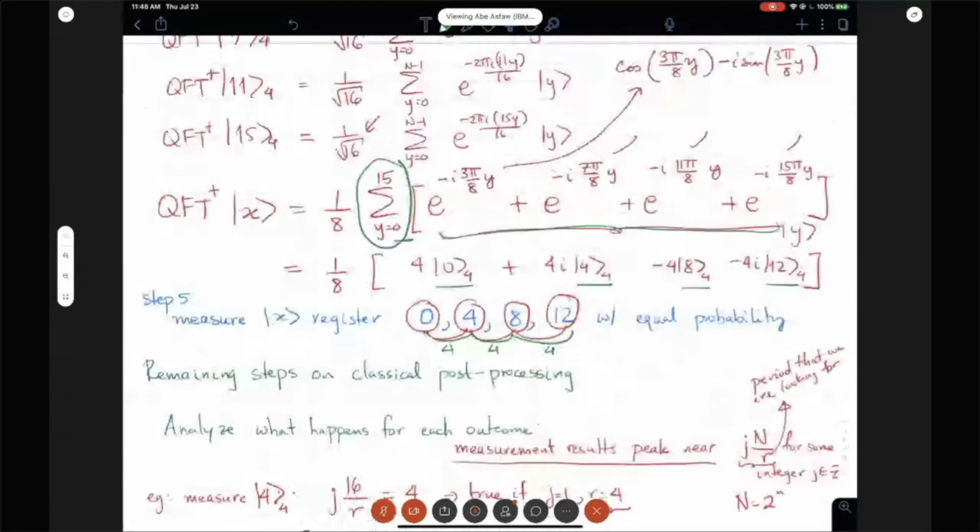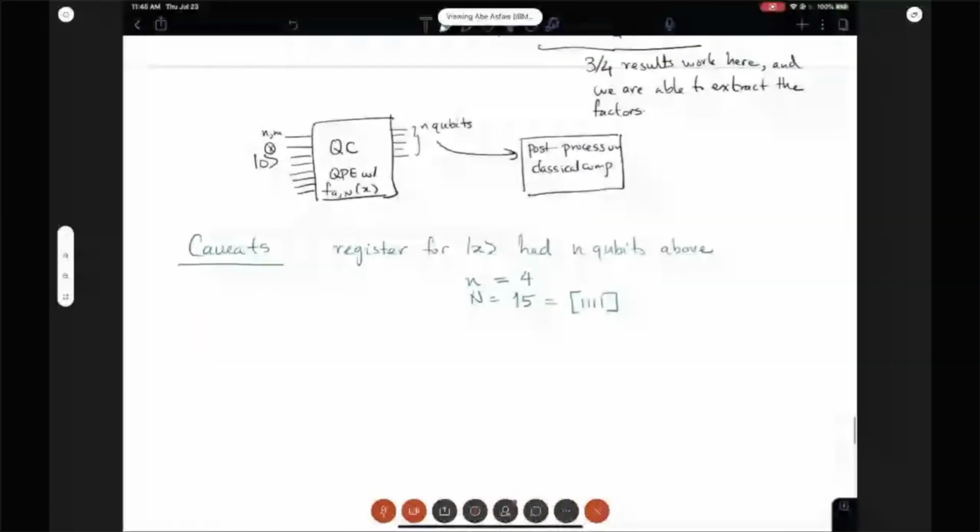So that's why we were able to do all of this work with 4 qubits. In the case of larger number of qubits, so different, more general cases, you would need 2 times n. General case, we need 2 times n qubits for the input register.